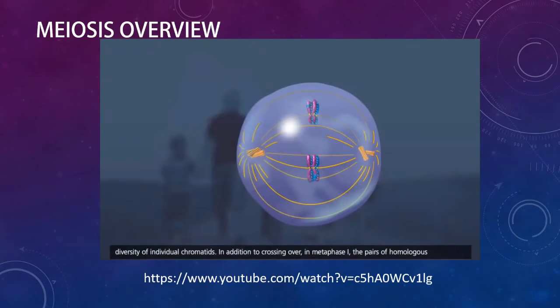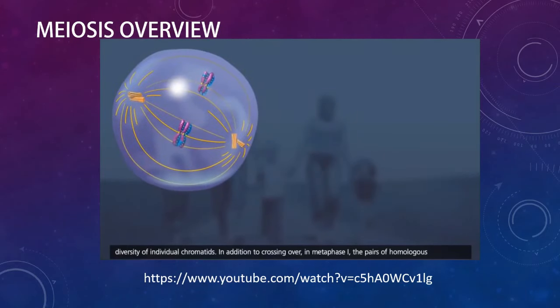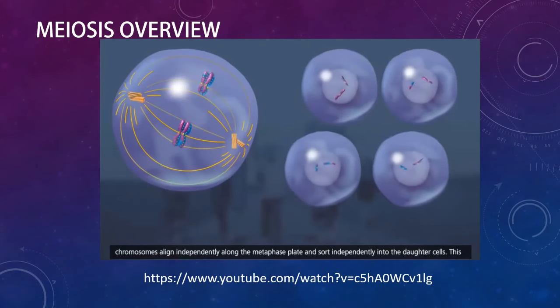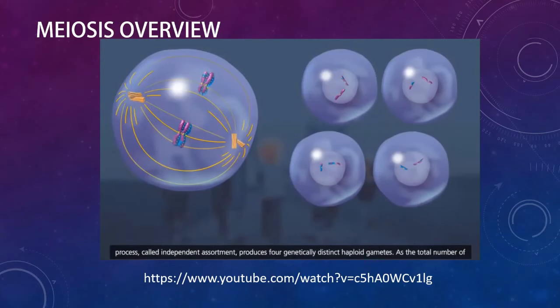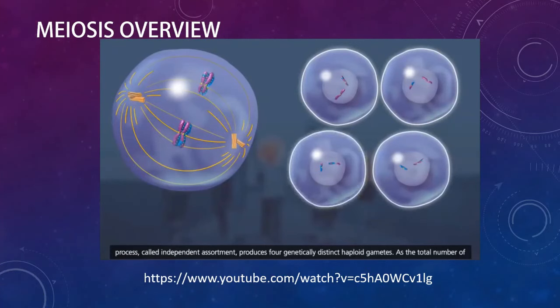In addition to crossing over, in metaphase 1, the pairs of homologous chromosomes align independently along the metaphase plate and sort independently into the daughter cells. This process, called independent assortment, produces 4 genetically distinct haploid gametes.